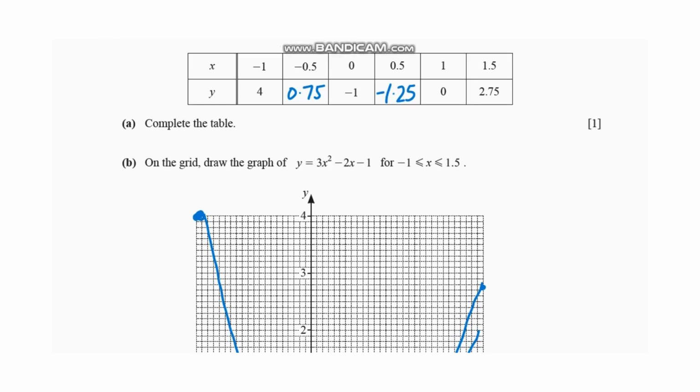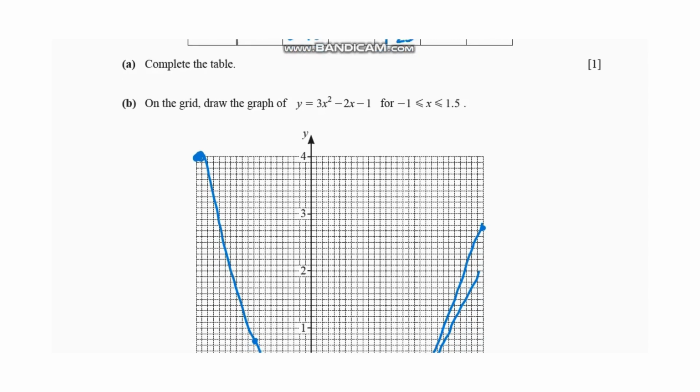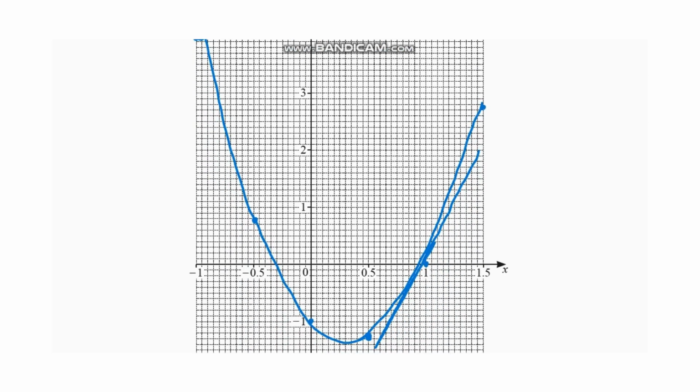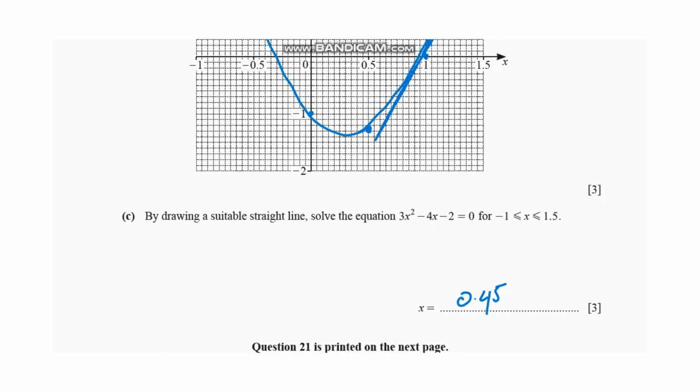Part B states on the grid draw the graph of y is equal to 3x squared minus 2x minus 1. So over here I have drawn the graph and this is what it will look like. Part C states by drawing a suitable line on the graph solve the equation 3x squared minus 4x minus 2 is equal to 0. For this, the value of x will be 0.45.